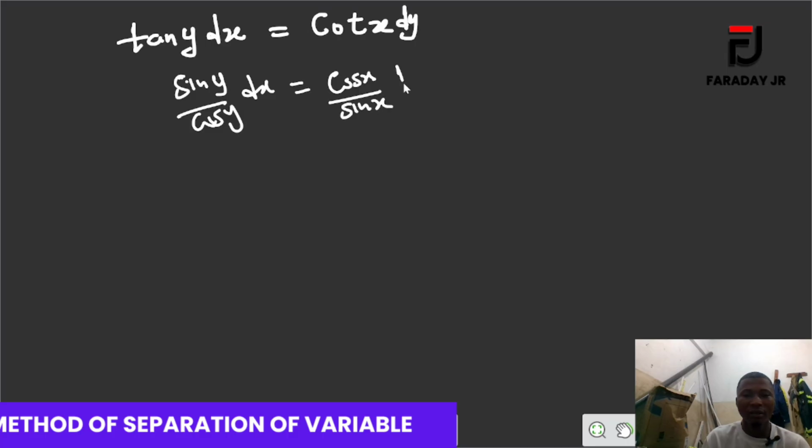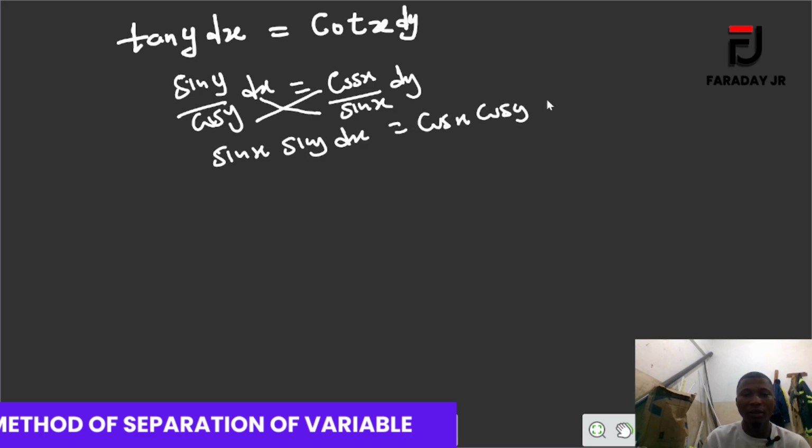Now, the easiest way to solve this question is to cross multiply both sides of the equation, so that we end up getting sine x sine y dx equal cos x cos y dy, right? Realize that we have a y function here and an x function there.